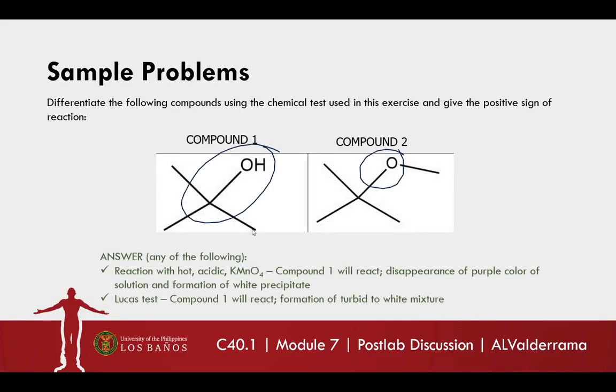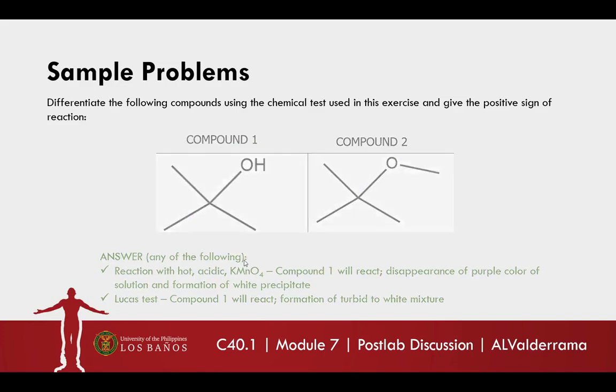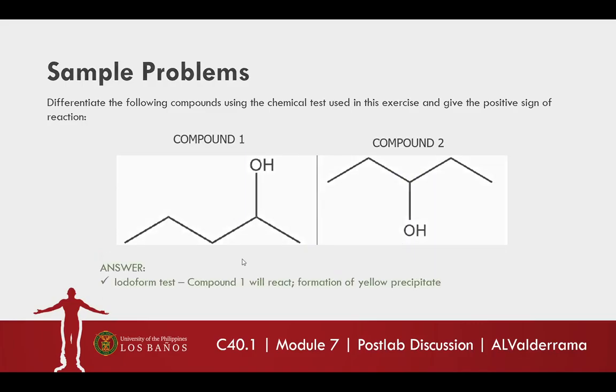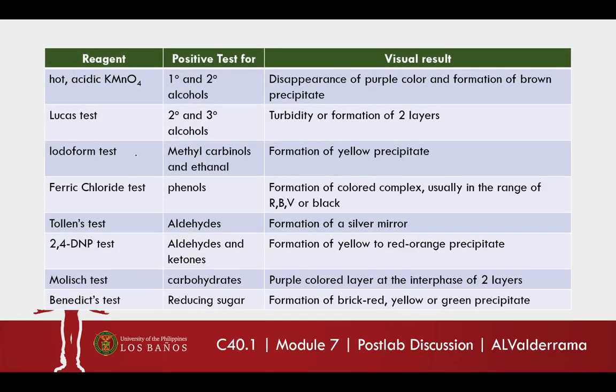Medyo, eto. So, paki-disregard ito. Only Lucas test is applicable for this sample problem. Kasi ang KMnO4 ay hindi nag-react with tertiary alcohol. Okay? So, Lucas test lang yung applicable dun sa na-mention natin kanina sample problem.